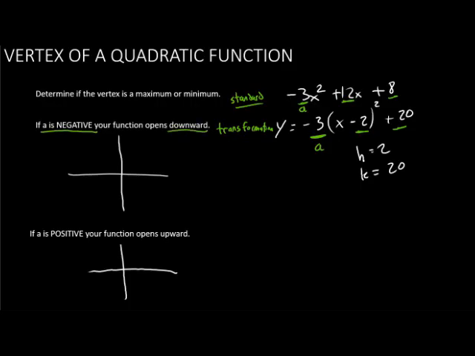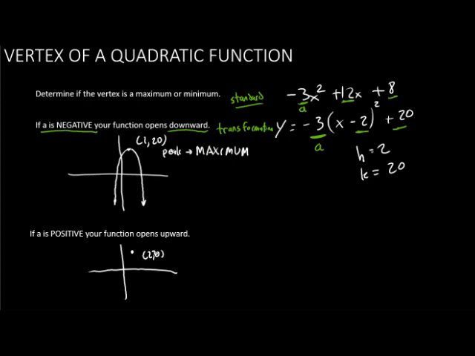Let's place a point at 2, 20, and allow our function to open downward. You can see in our function our vertex 2, 20 is a peak on top of a hill. If you have a peak, that means your vertex is a maximum. If a had been positive, we would still place a point at 2, 20.